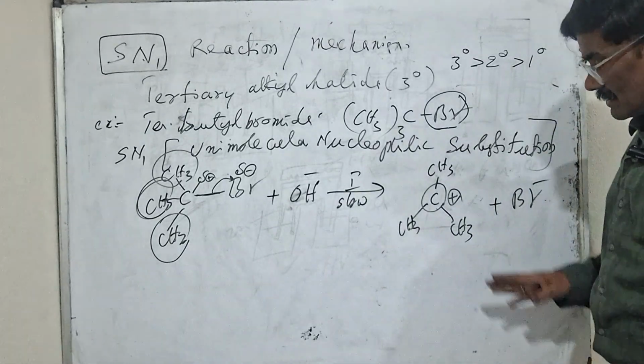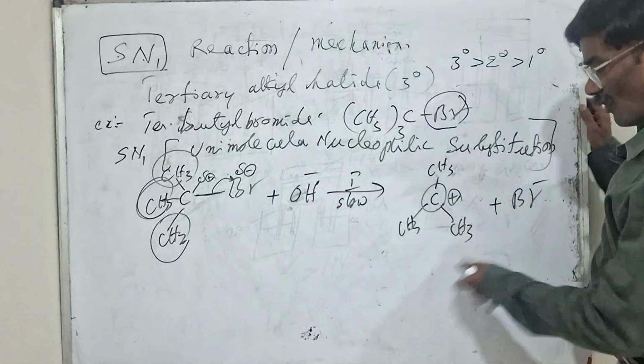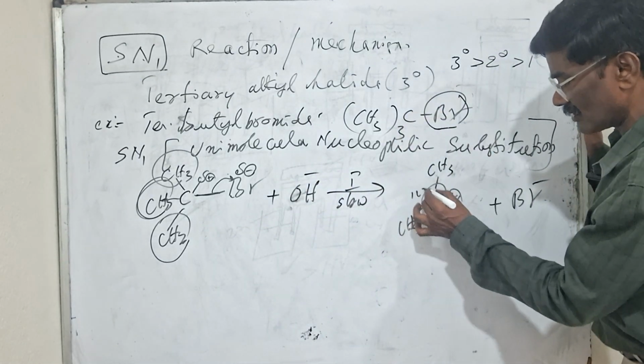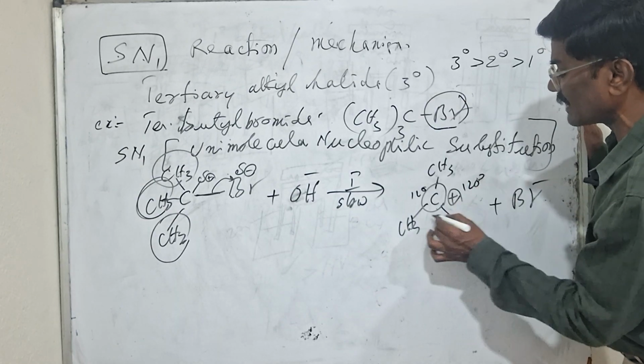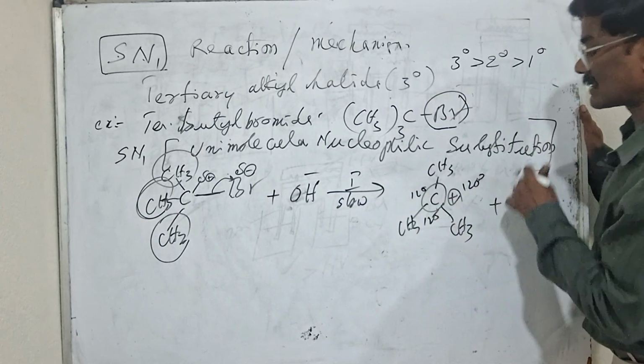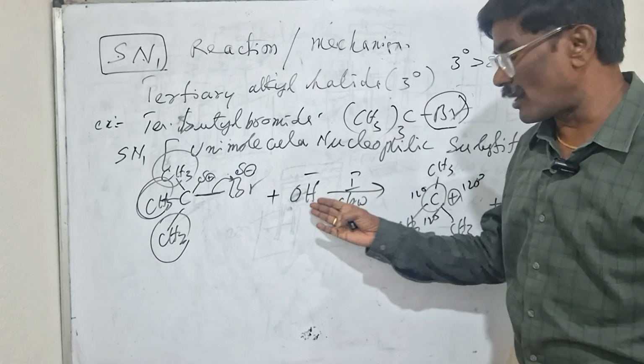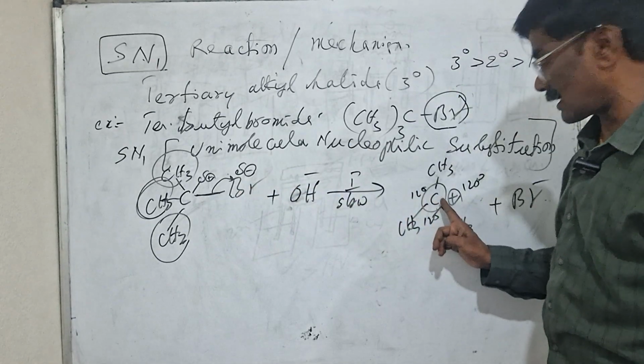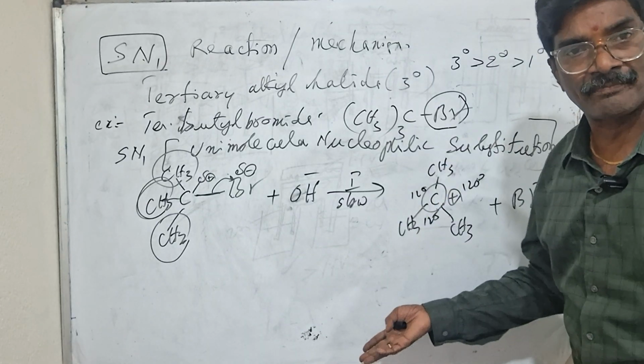Now the bromide ion has left, so OH minus can attack from any direction, because everywhere the angle is 120 degrees. The hydroxyl group can attack the positively charged carbon from any direction.